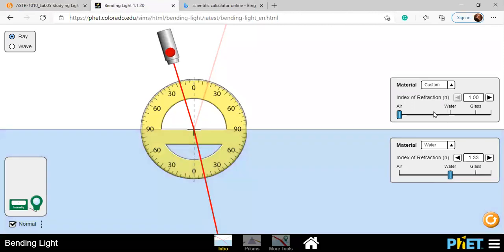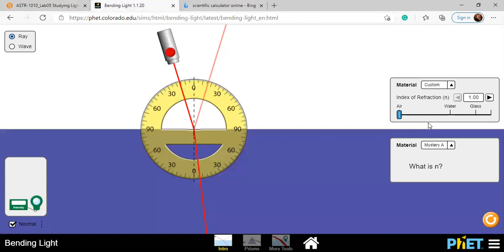If I put water, it's more rarer. Water is more rarer than glass, and this mystery material A that we don't know what it is and how much is the refractive index of that material, we don't know. That's what we need to find it out through this experiment.